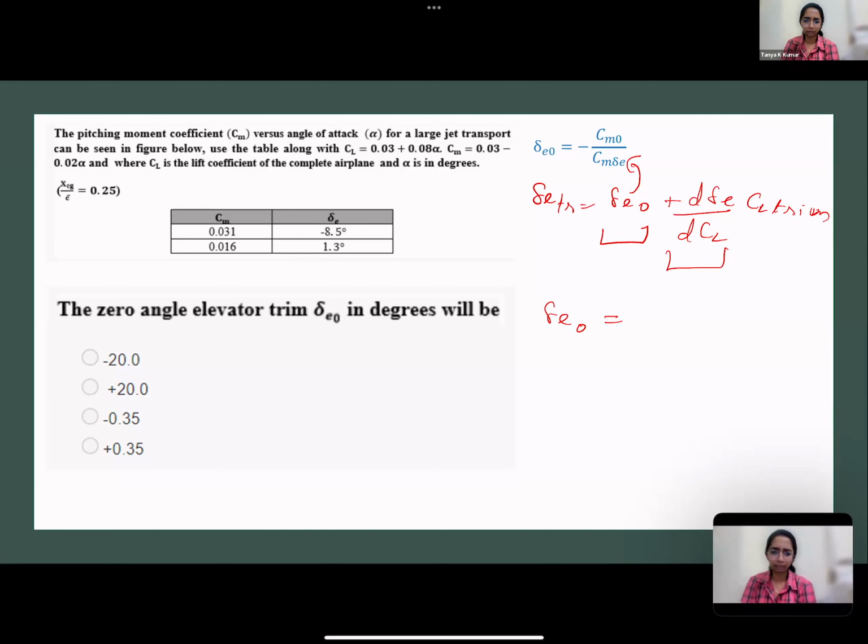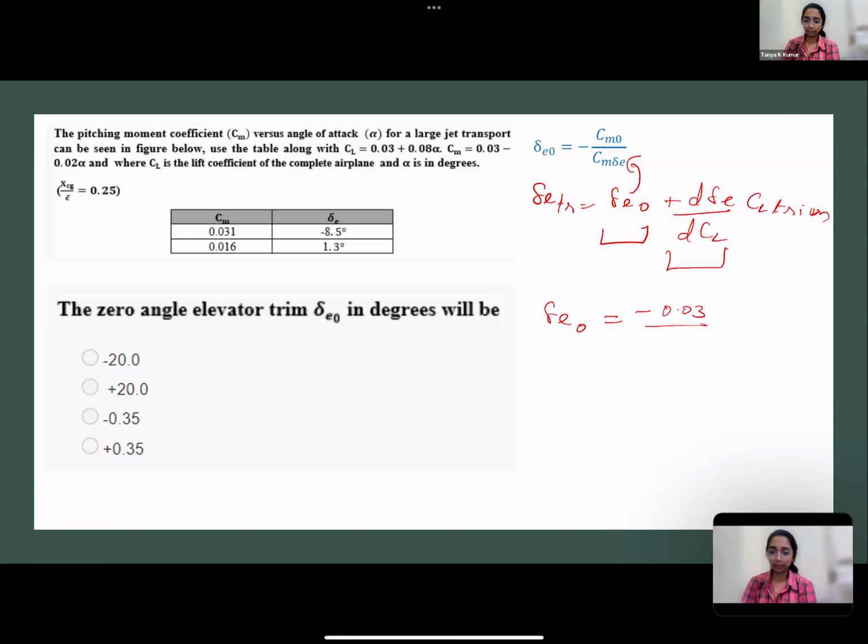What is CM naught? 0.03, yes. What is CM delta E?